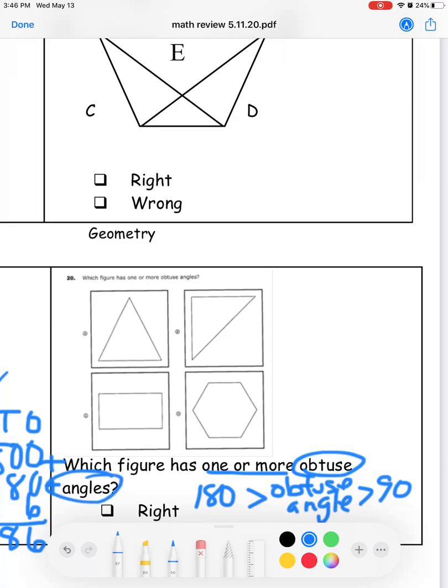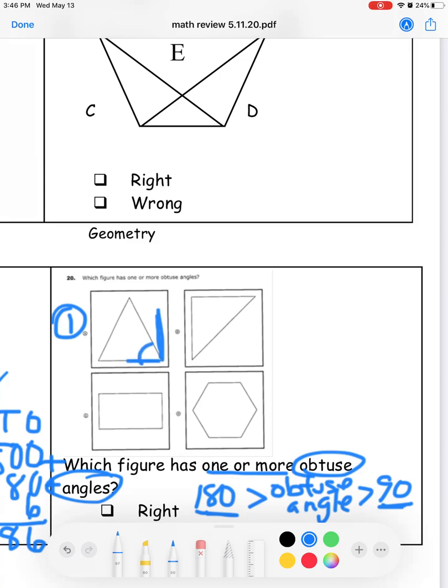So I'm going to take a look at number 1 right here. And it says, which figure has one or more obtuse angles? And I know that a right angle is 90 degrees. So all of the angles in these figures should be greater than a right angle and less than a straight line, right? So in this figure, I know that a right angle looks much larger than this angle here.